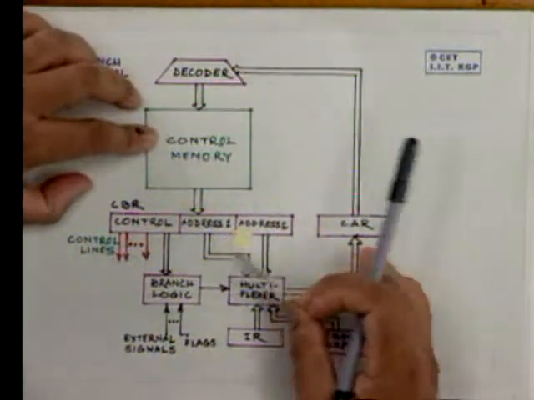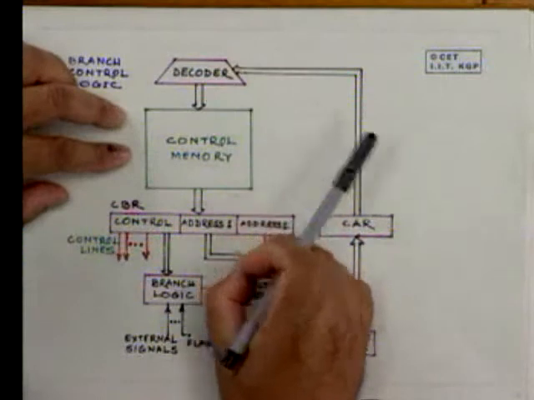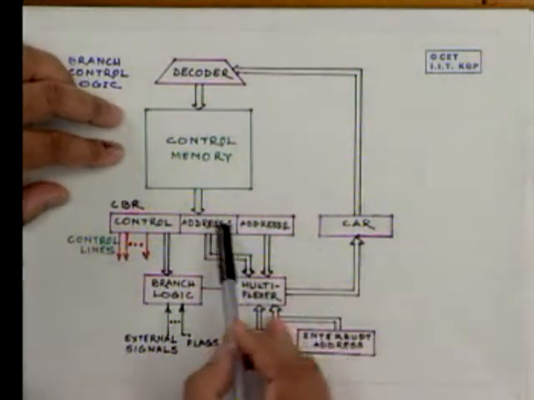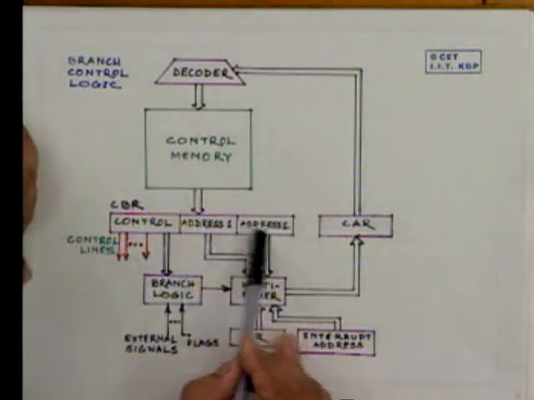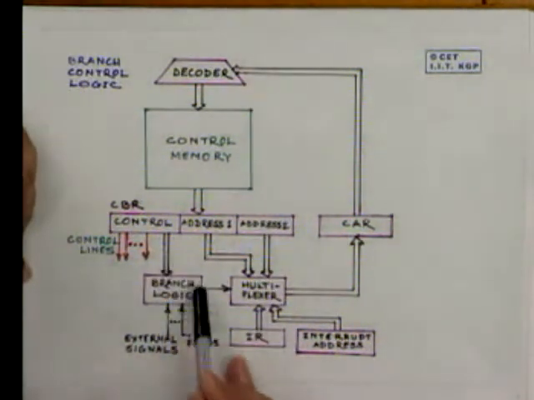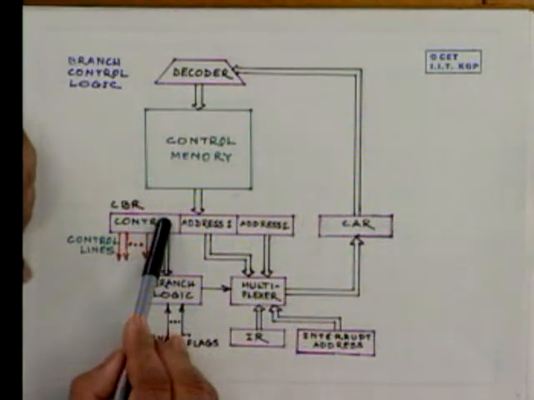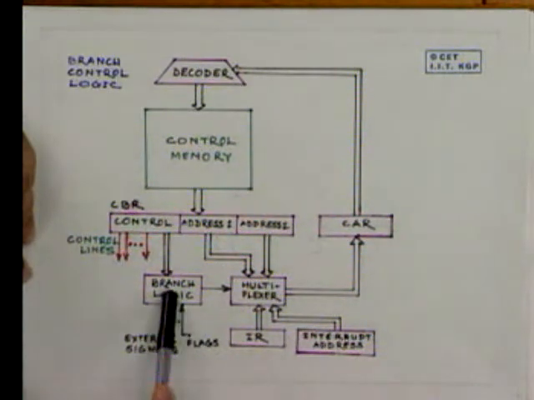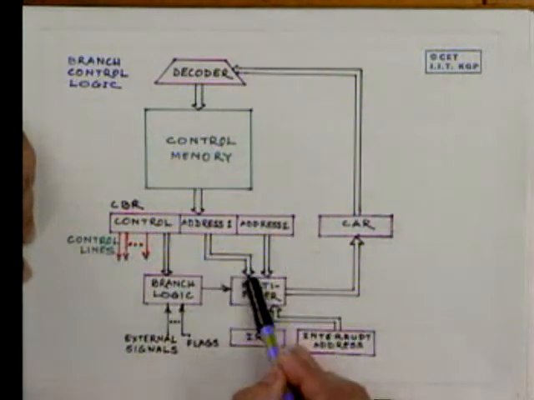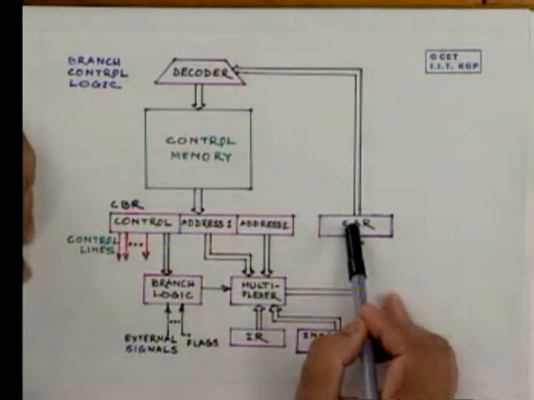Instead of that one address, two addresses come from the control memory, address 1 and address 2, and depending upon the branch logic, that means the branch condition kept in the control word and the condition that actually exists here, either address 1 or address 2 is put into the control address register.